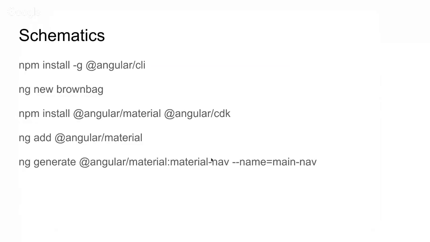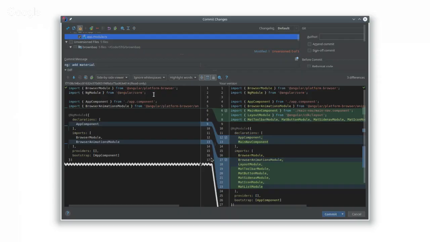So the example that he gave during his presentation was he did ng generate material nav, and he gave it the name main nav. And so what that ended up doing, in your module file, is import all of the modules that the navigation module is going to use. It includes the import statements and adds the declarations.